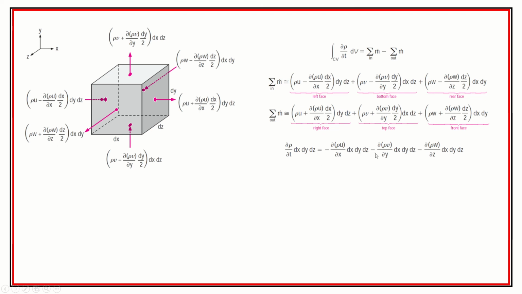And you can see all the way through that we have the volume everywhere, so all that volume cancels out. What we're left with is the compressible form of the continuity equation, which will also look like this right here in a more compact form, if you use the gradient, the divergence.